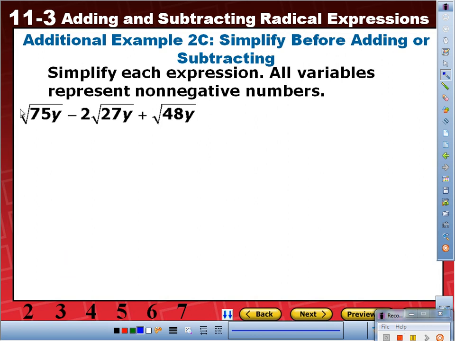This becomes what? 75. Close. The 5 is not a perfect square, or the 15.